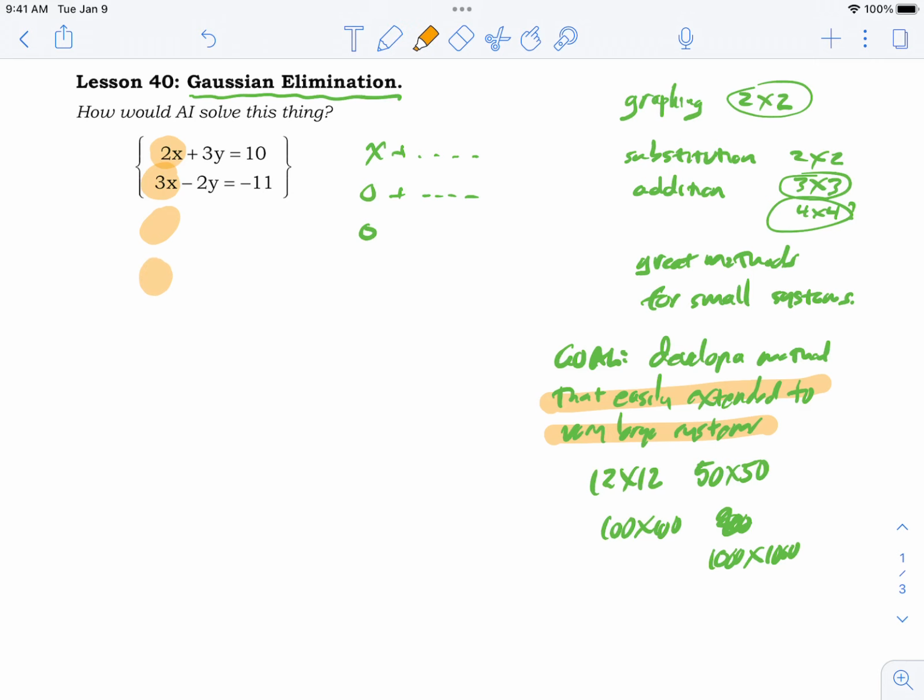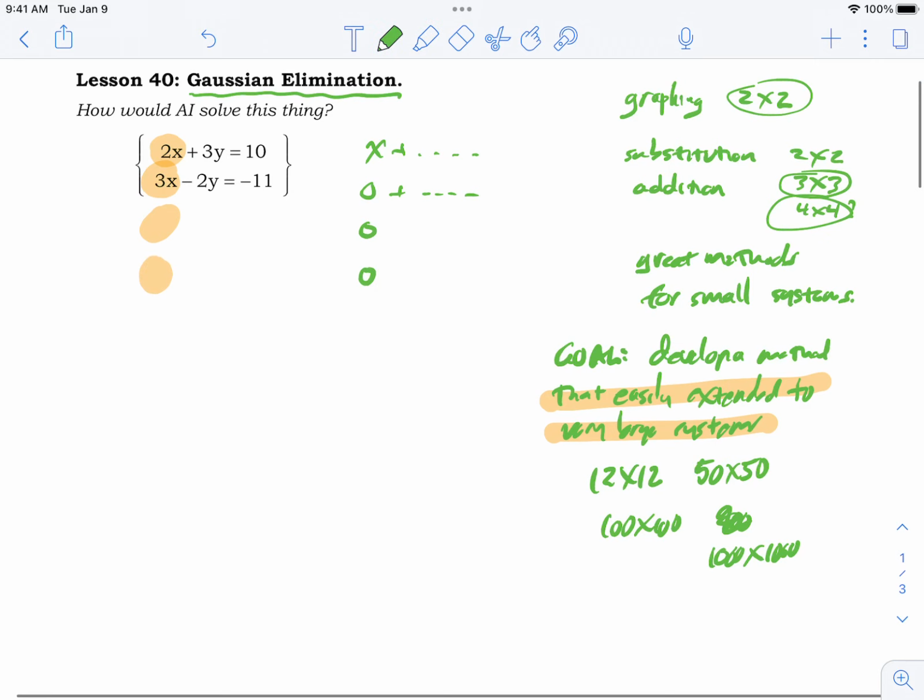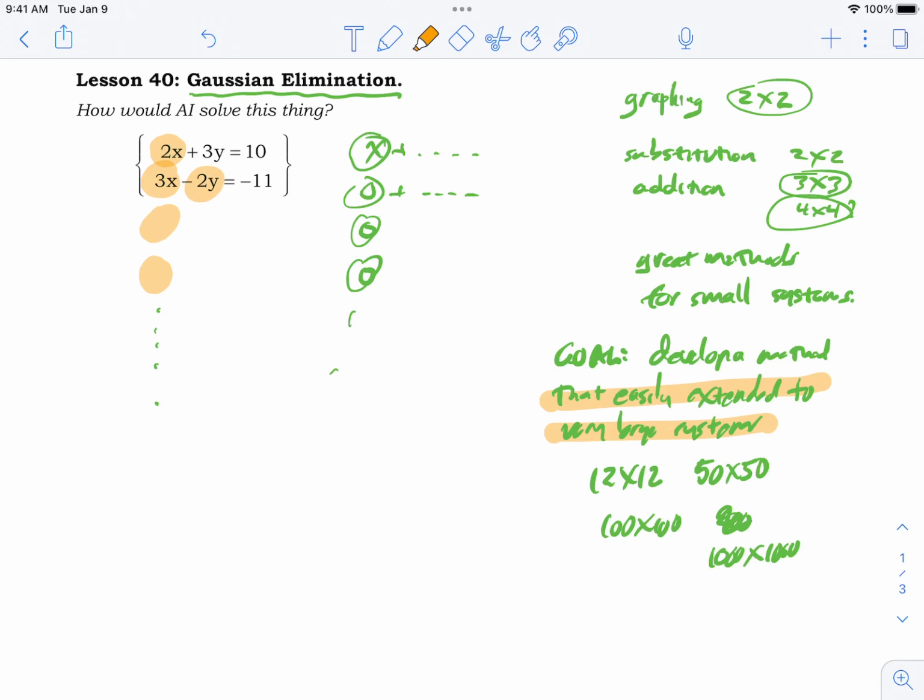And if it was a 4x4, we'd come down to there and make that a 0, right? So you can go down as many lines as you want. You would make the top into an x, and then get rid of the x terms from all the equations below.